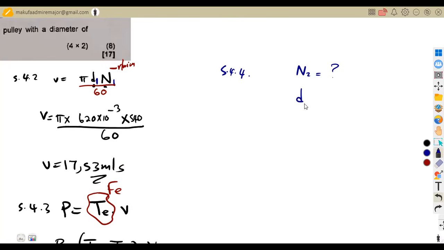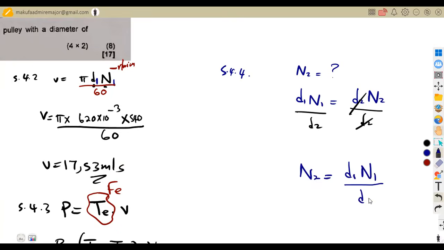From the product of D1 N1, which is equal to the product of D2 N2, we can see that if we are to calculate this N2, we are supposed to divide by D2 on both sides. So meaning to say at the end, our N2 is supposed to be D1 times N1 over D2.